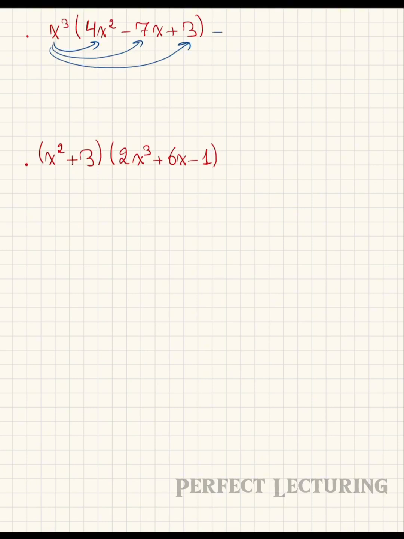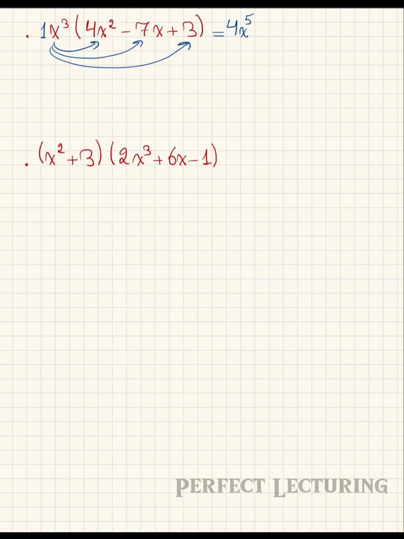So it becomes x to the power of 3 times 4x squared. When I have x to the power of 3, it's like 1x to the power of 3. So I multiply the coefficient by the coefficient, as I said, and I add the exponents. So 1 times 4 is 4. And x to the power of 3 times x to the power of 2 is x to the power of 3 plus 2, that is 5.